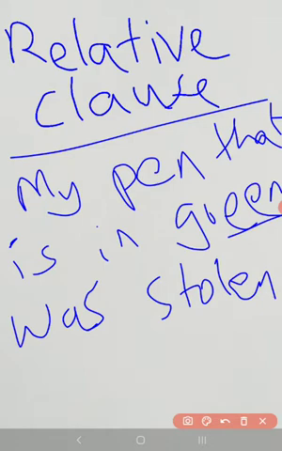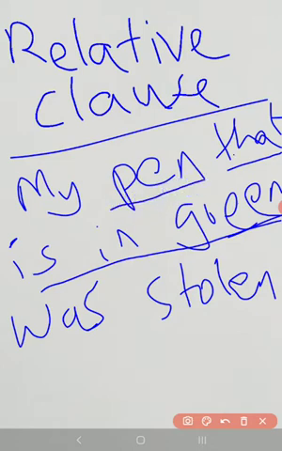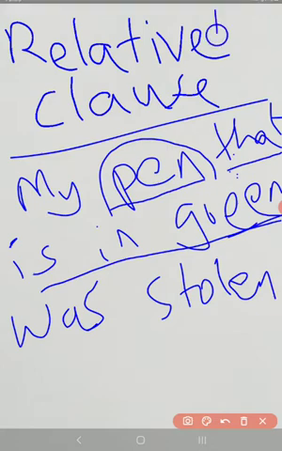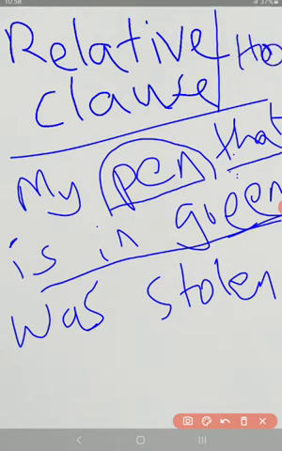My pen, now that is in green color, so this one comes after the noun pen. So this is a relative clause. This clause describes my pen. How is my pen? My pen is green. Most relative clauses will answer the question how. If you ask this question after the noun, then it is going to answer how is my pen? My pen is green.